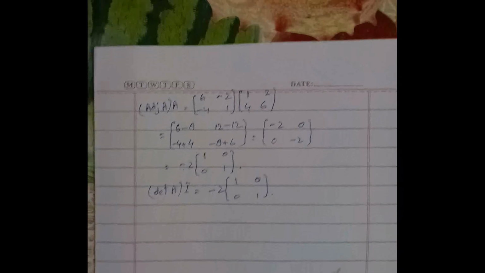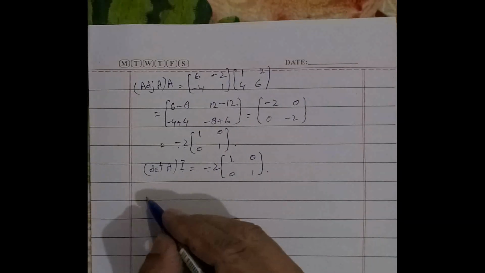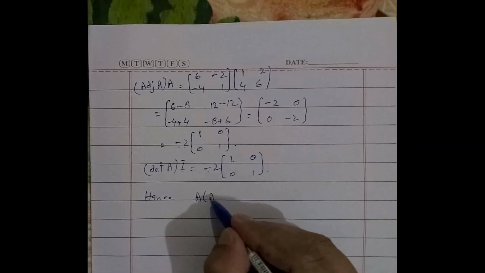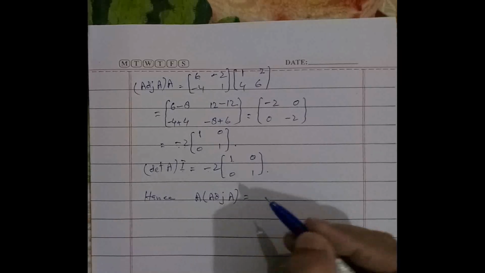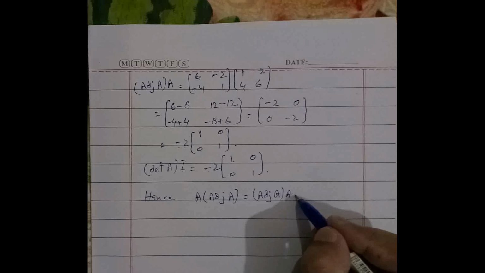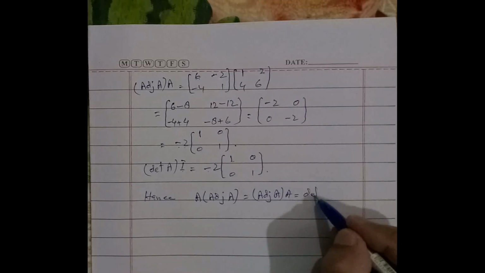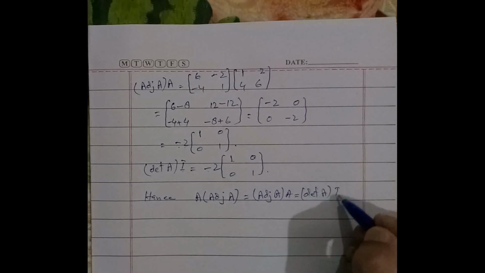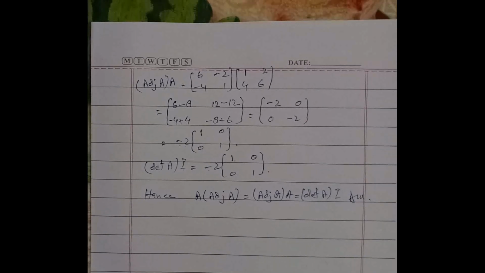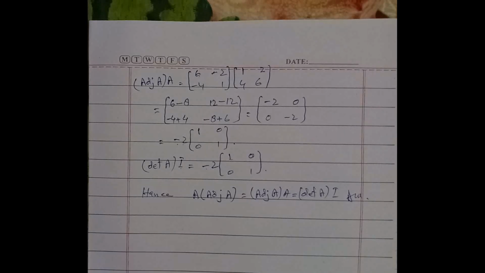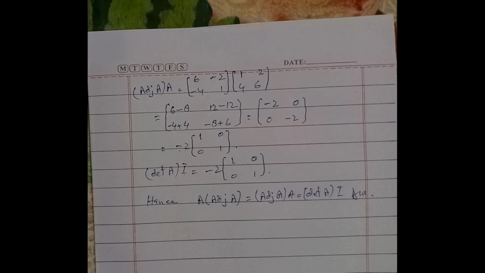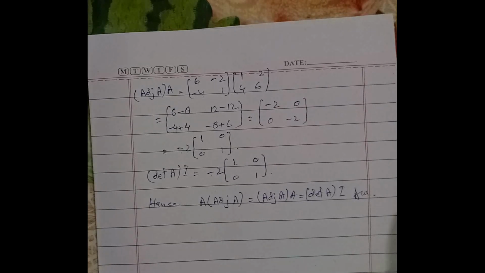They are all the same values, so hence A into adjoint A is equal to adjoint A into A, which is equal to determinant A into identity matrix, and it is our answer, and we prove the values in question 4, part 1.